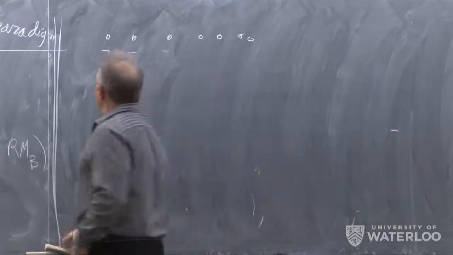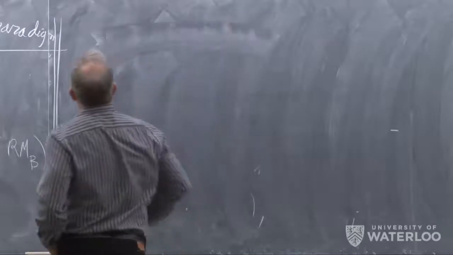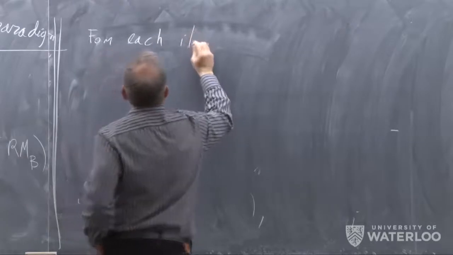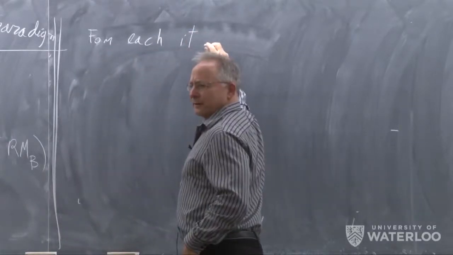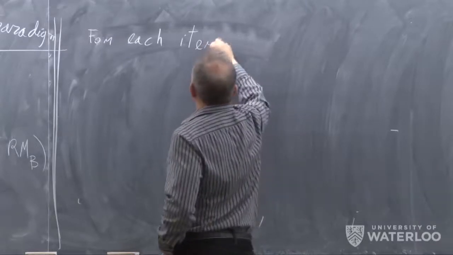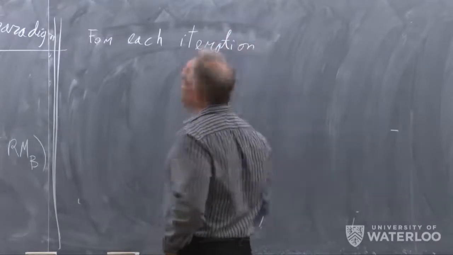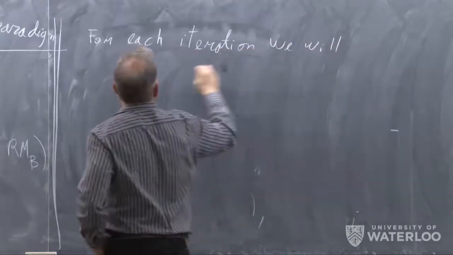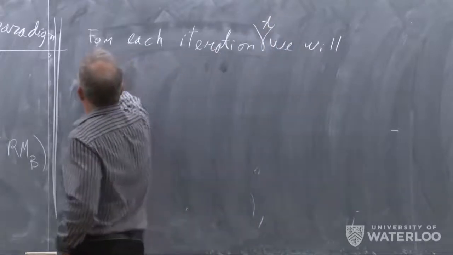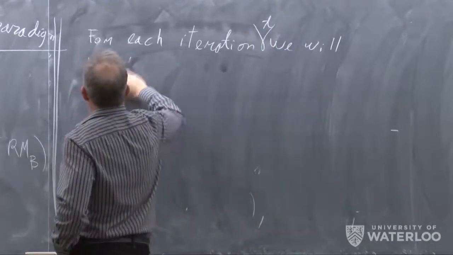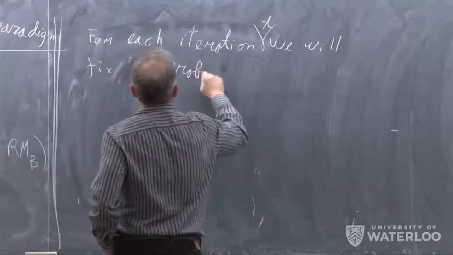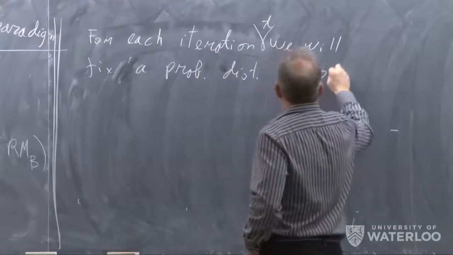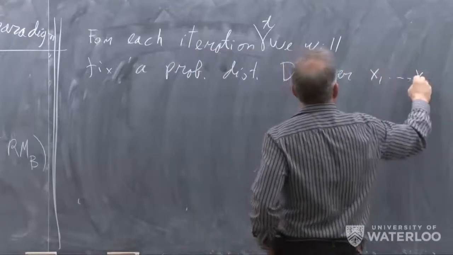For each iteration t, we will fix a probability distribution Dt over x1 to xm.